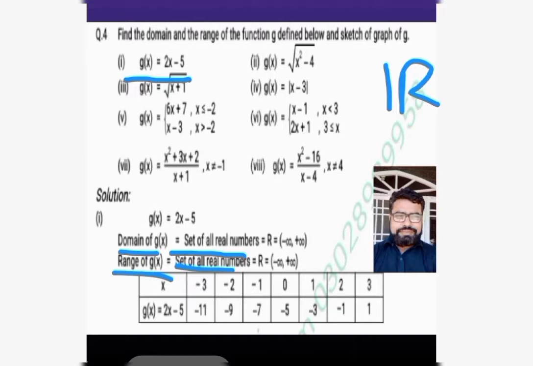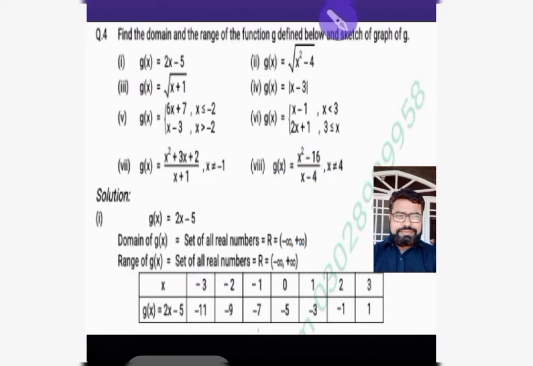If we write simply R, it's an alphabet, but if we mark a line with it, it will be called set of real numbers. As there is no such symbol on the keyboard, you see just R, but you have to write in exams the symbol R with a line.